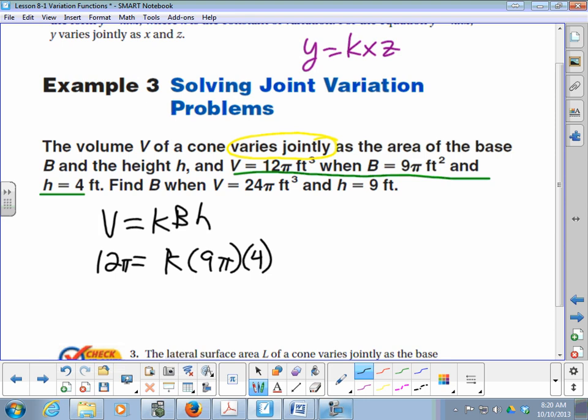Notice a couple things. The units are important here. The volume is in cubic feet, ft cubed. The area of the base is in square feet, and the height is in feet. Now, when I find the constant of variation, will that have a unit attached to it?